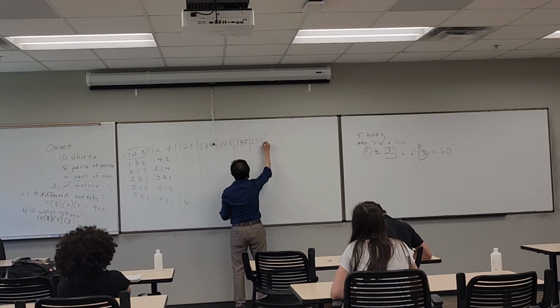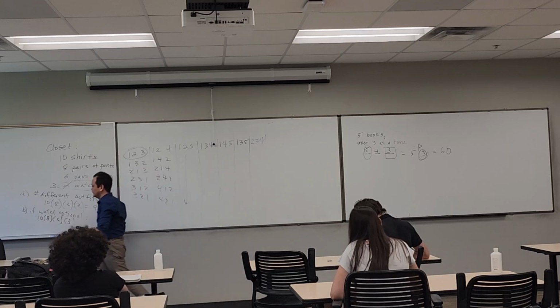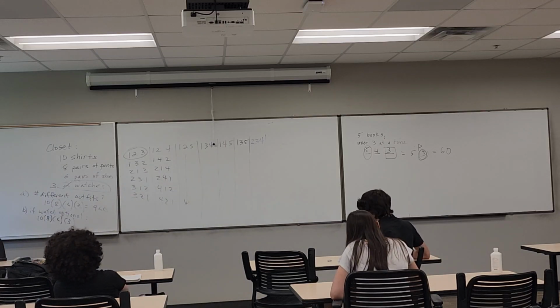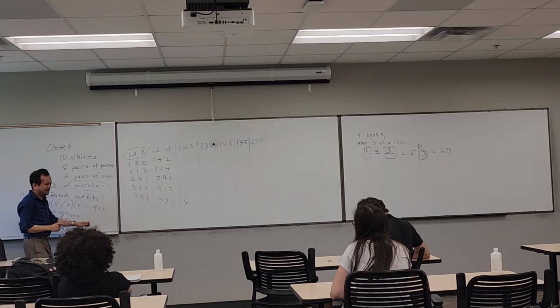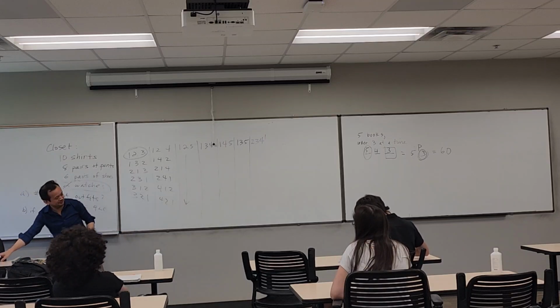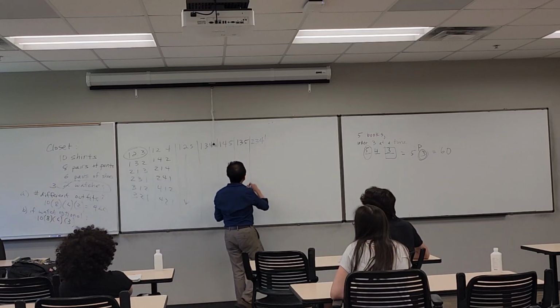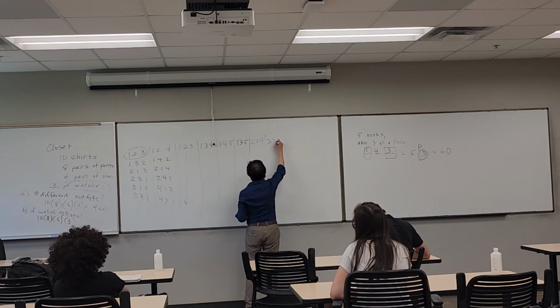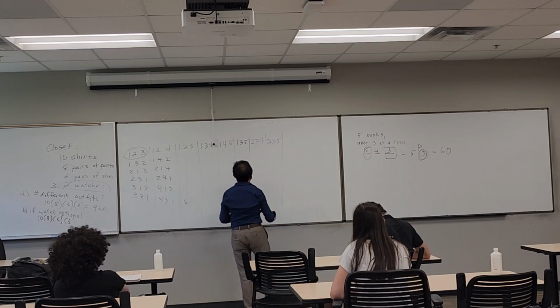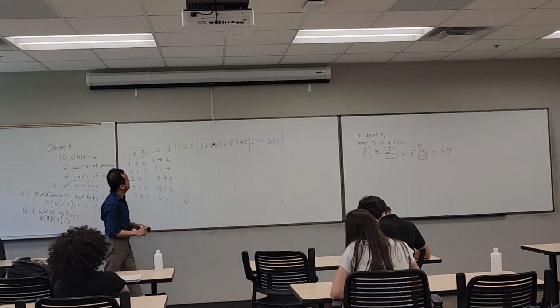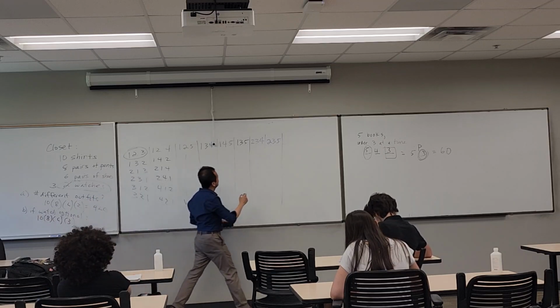Yeah. Okay, and then what else? 2, 3, 5. Yeah. And what was after 2, 3, 4? 2, 3, 5? Okay, what else? 3, 4, 5.